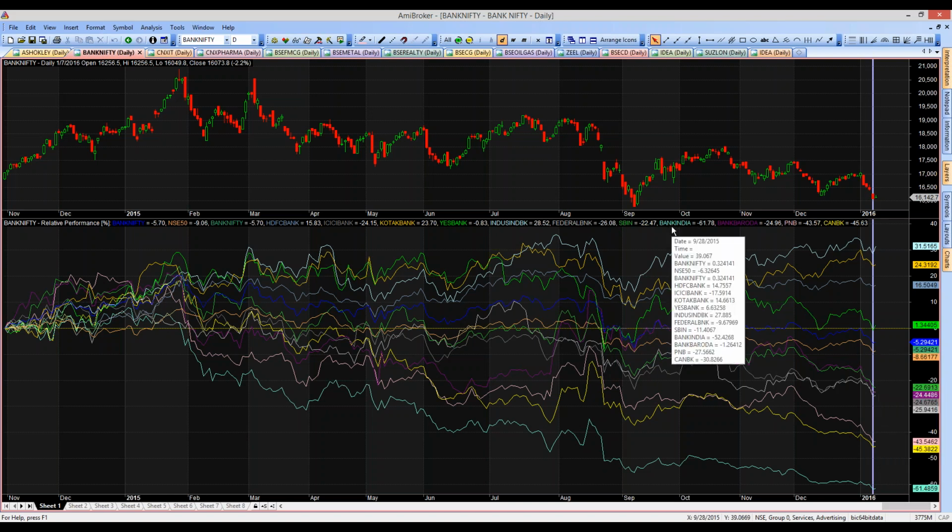Bank of India is really pathetic, and it's just going down and worse and worse. If anything, that's the stock to possibly short. This yellow one here, which is minus 45, that's Canara Bank. That's the other one to short, minus 43 PNB.